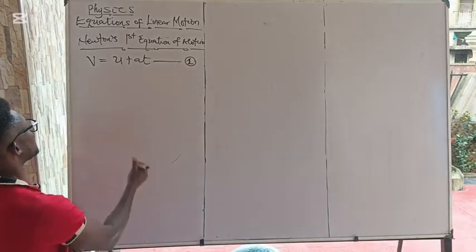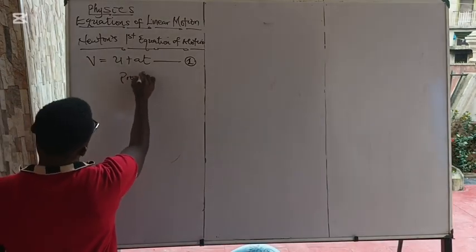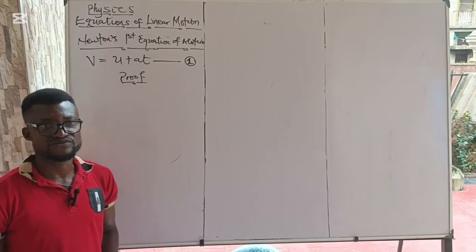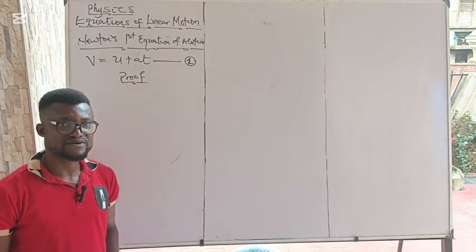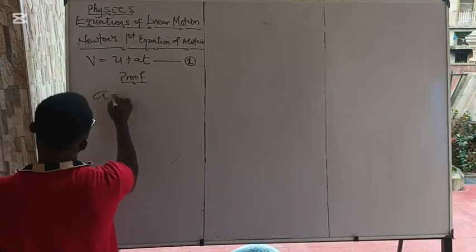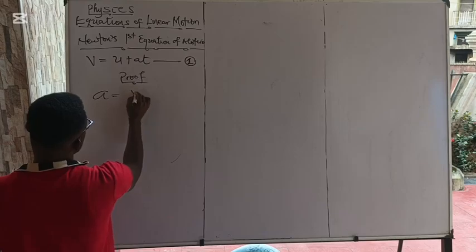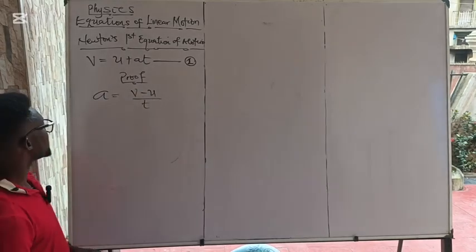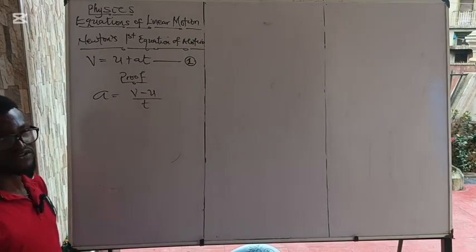So this was derived and can be proved from the definition of acceleration. You remember what acceleration is? Yes. So acceleration is change in velocity over time. From this, we make V the subject of the formula.